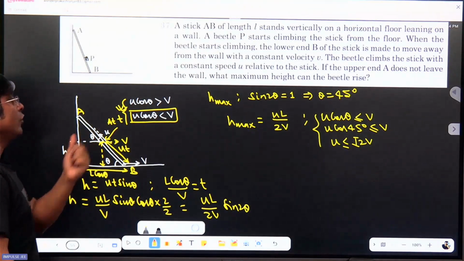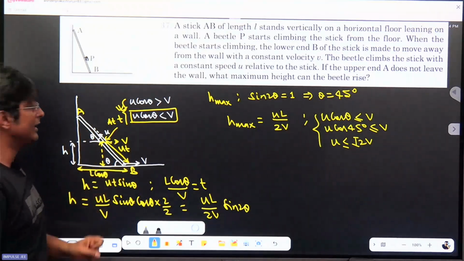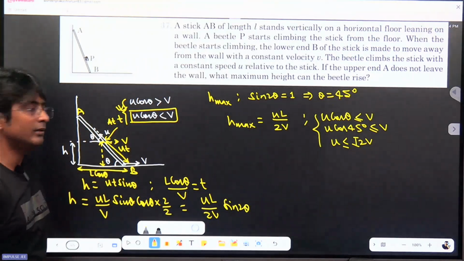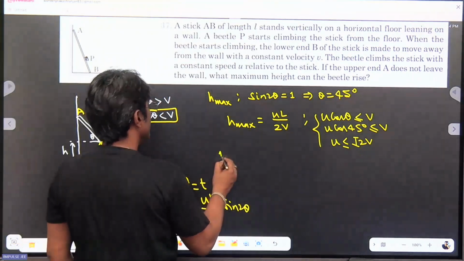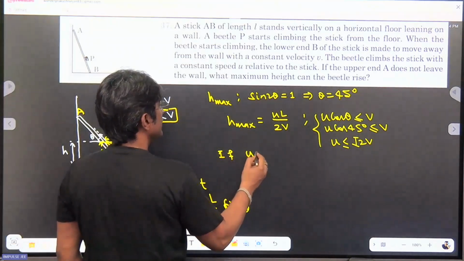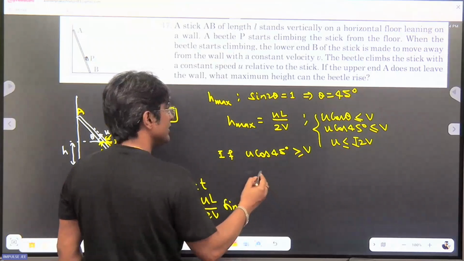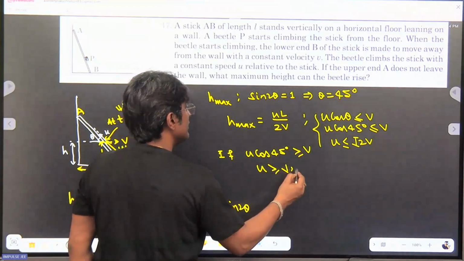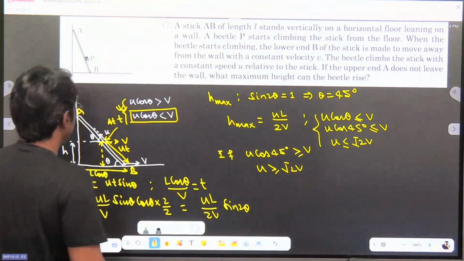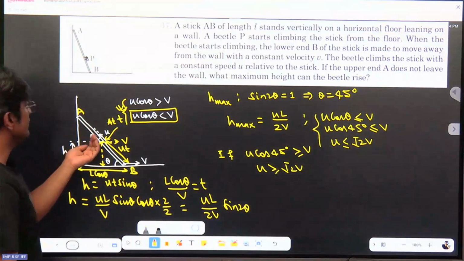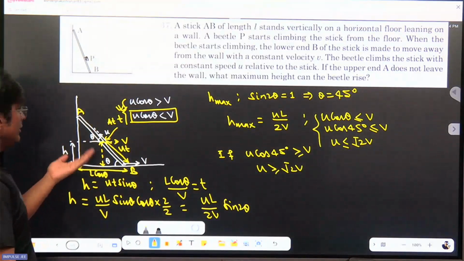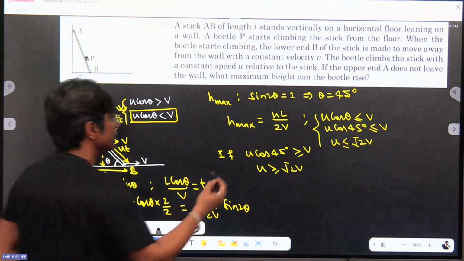Definitely u cos theta must be greater than v, then only it will happen. So now if u cos 45 is still greater than v, which means u is greater than root 2 v, then the beetle is still coming close to this wall, which means the height is still rising.